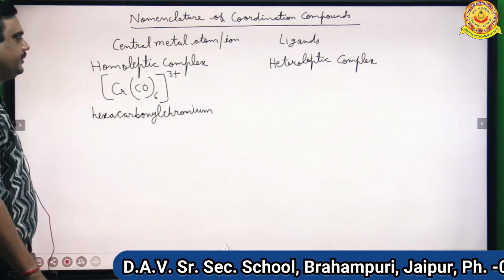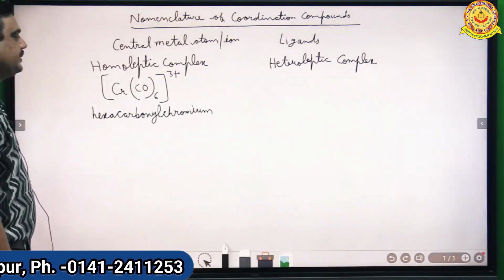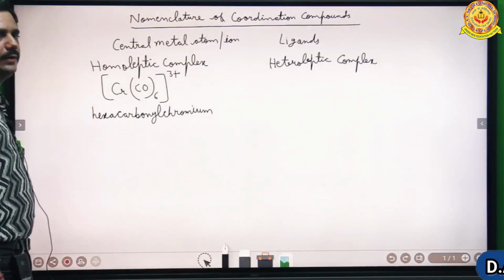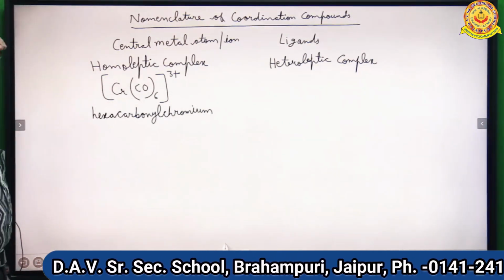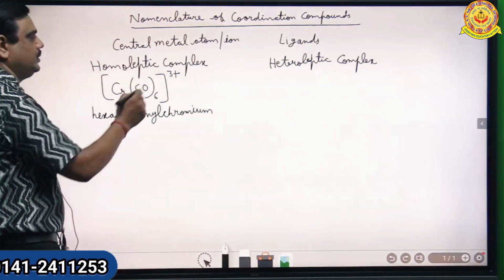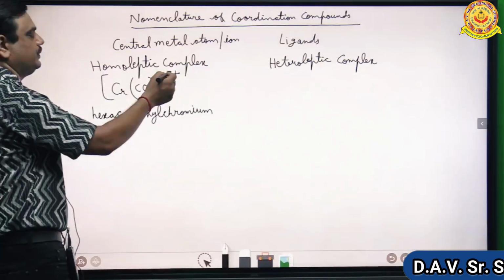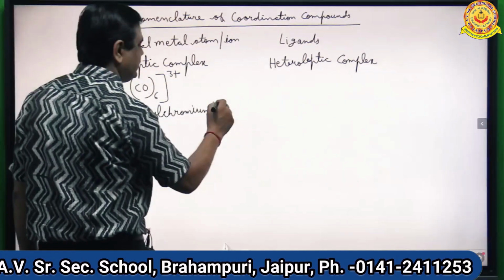Now I hope that you can see the oxidation number of chromium, as carbonyl is a neutral ligand. Carbonyl is also a neutral ligand. So its overall charge is 0. So the charge over the complex is due to only this chromium.